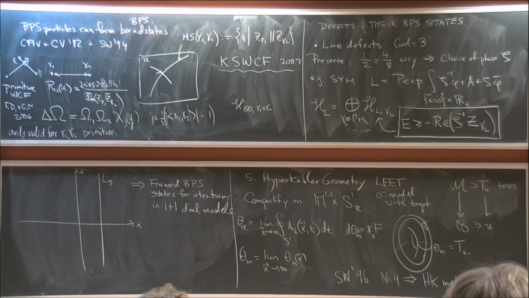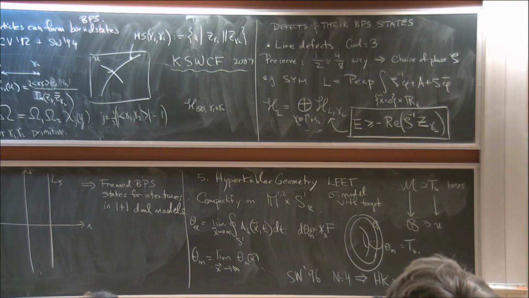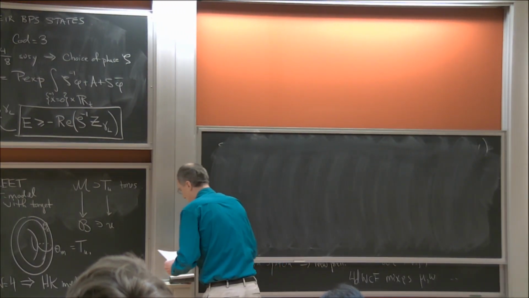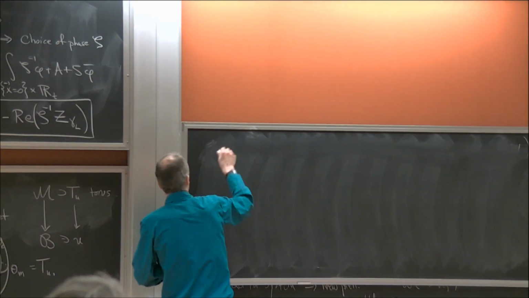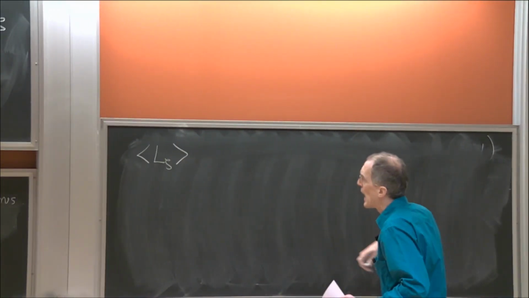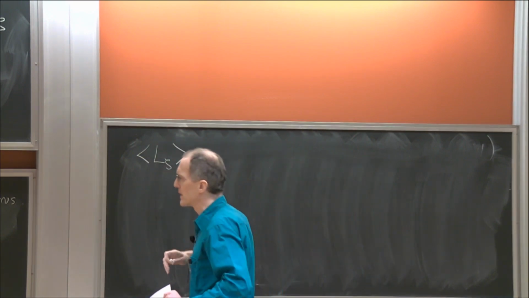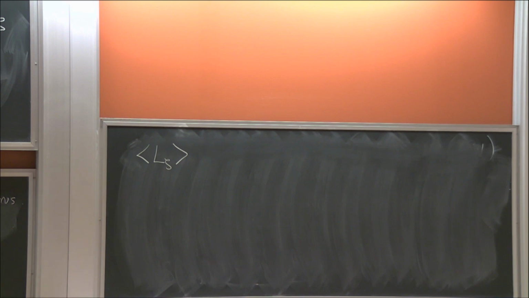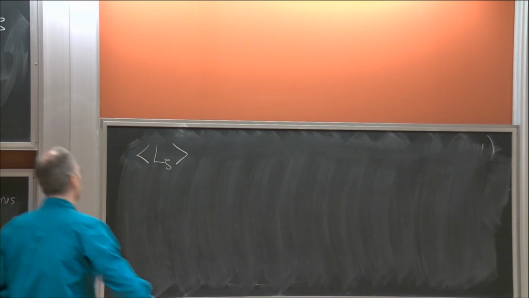Now, a good way to get at that is to go back to these line defects. We've got a circle, and we could wrap the line defects around the circle. So let's do that. We take a line defect, preserving the supersymmetries characterized by zeta, and we wrap it around the circle. We calculate the path integral with these boundary conditions with a point u and theta as your boundary conditions at infinity.